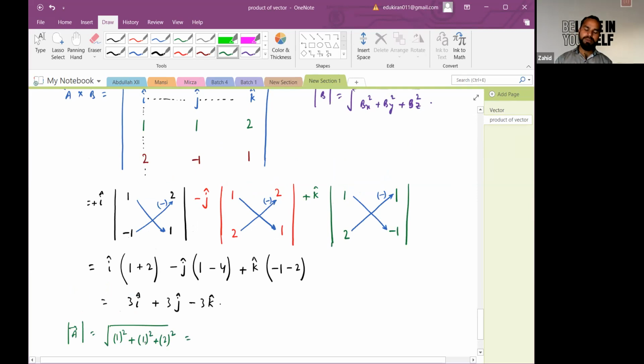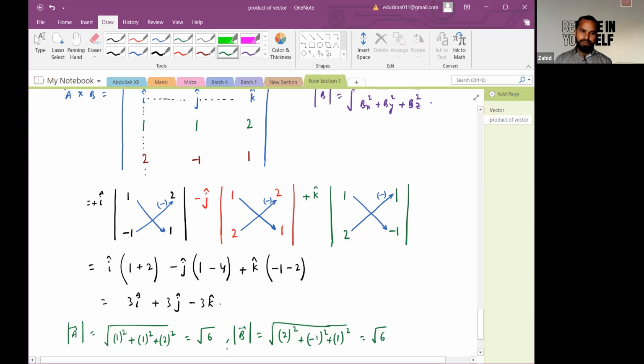So 1 plus 1 plus 4, it will be root 6. Similarly, mod of B will be root under bx, the x component of B, by, the y component of B, and bz, the z component of B. So it will be root 6.